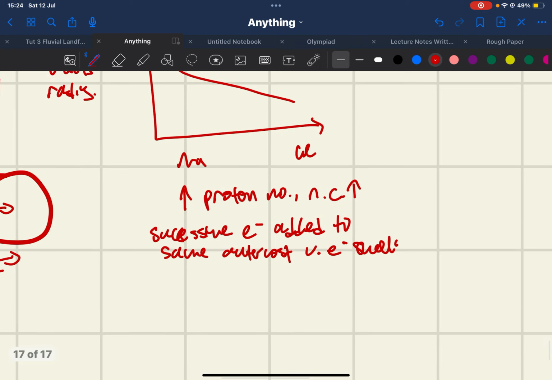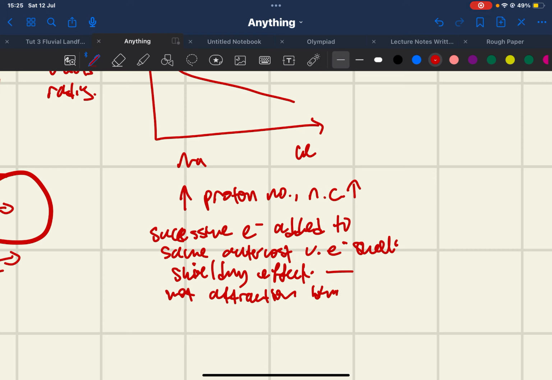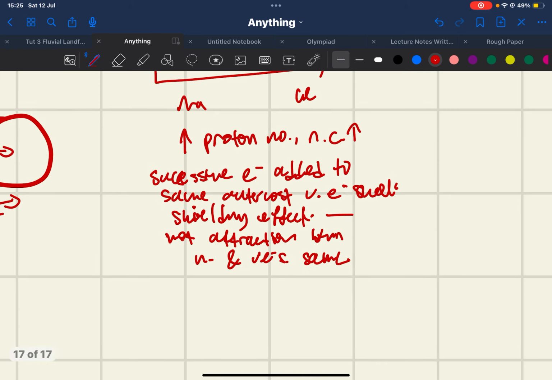Hence the shielding effect is approximately the same, so I will just put this as the same. So the net attraction between the nucleus and valence electron shell remains relatively constant. Hence the effective nuclear charge actually increases.